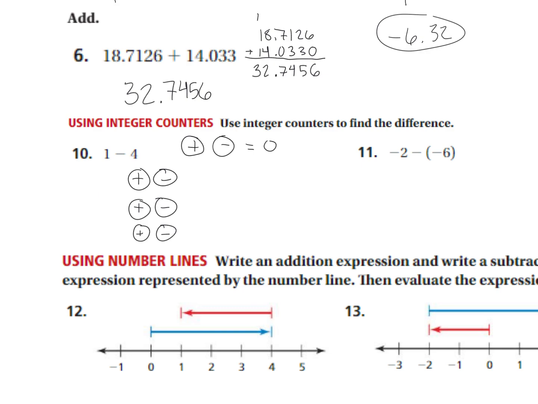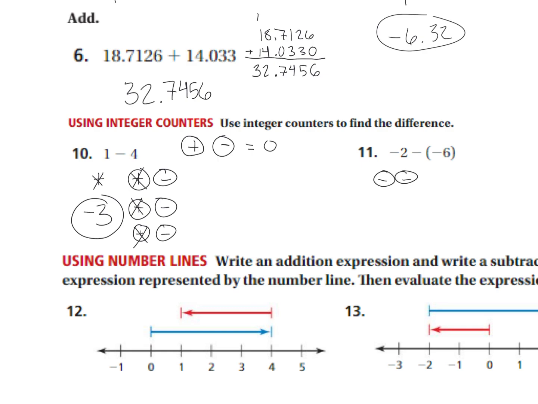Now, what was the purpose of me doing all this? Well, by doing this, I need to take away 4 positives. There's one of my positives taken away. Since all these are zeros, I can still treat them as if there's a positive somewhere, but there's always a negative to cancel it out. So that'd be my second, my third, and my fourth, leaving us with negative 3. For number 11, kind of the same thing, except now I'm working with negatives.